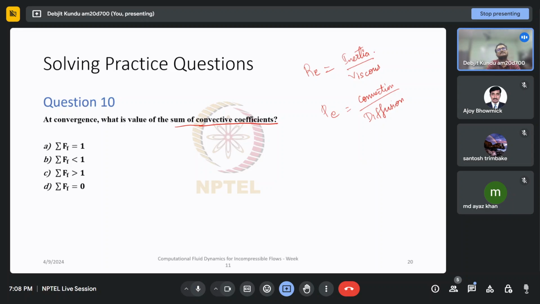So in a sense, inertia and convection and viscosity and diffusion are related, so the mathematical forms look familiar to each other. But in general, in case of fluid flow and heat transfer, Peclet number has a different meaning than Reynolds number.